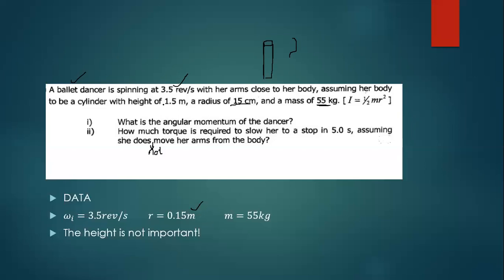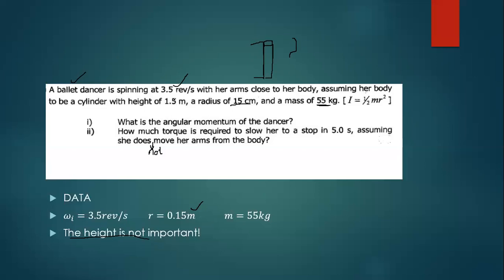Why are we not considering the height? We don't worry about how tall she is. We are saying the height is not important, even if it has been given as 1.5 meters.